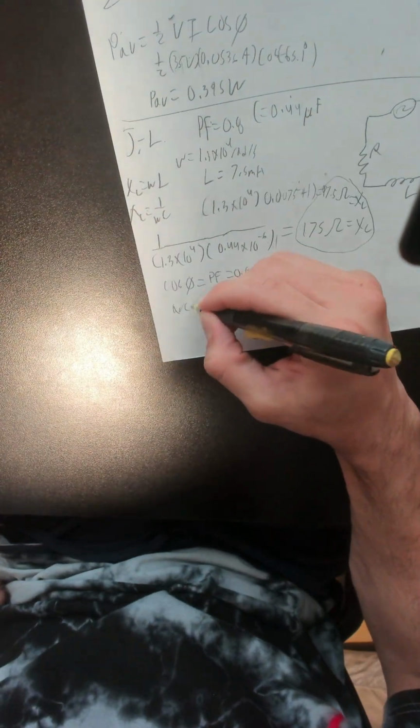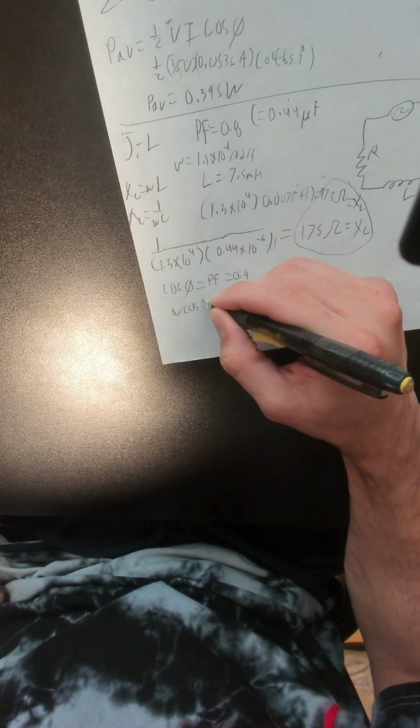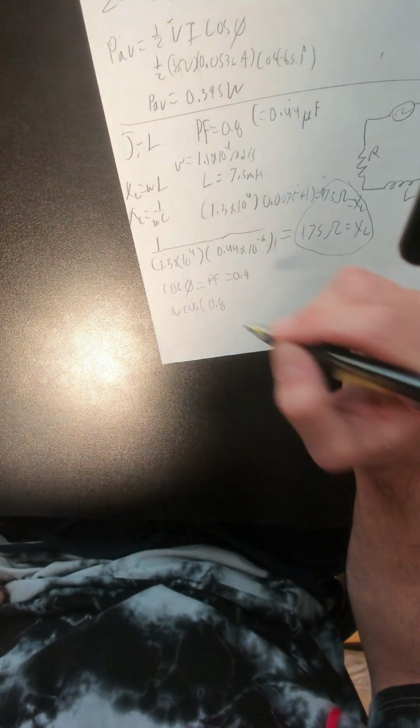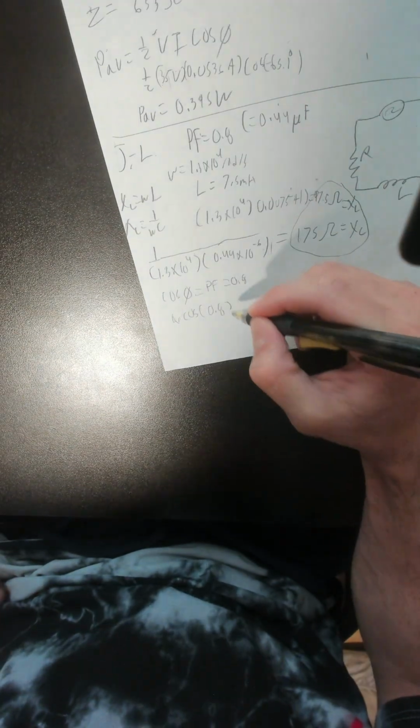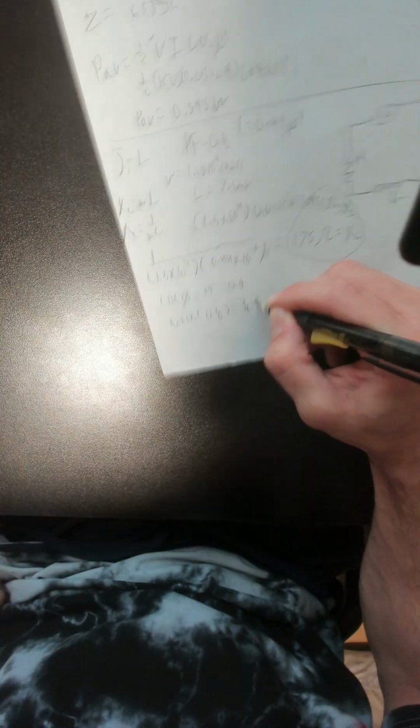So arc cos of 0.8 gives us an angle of 36.9.